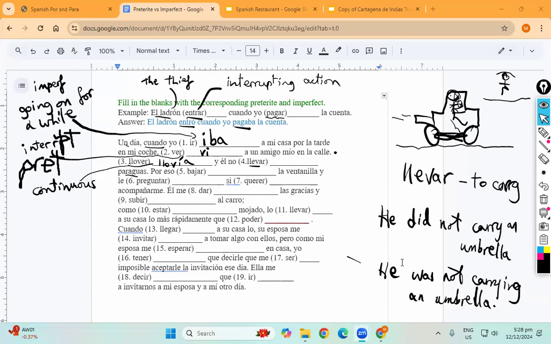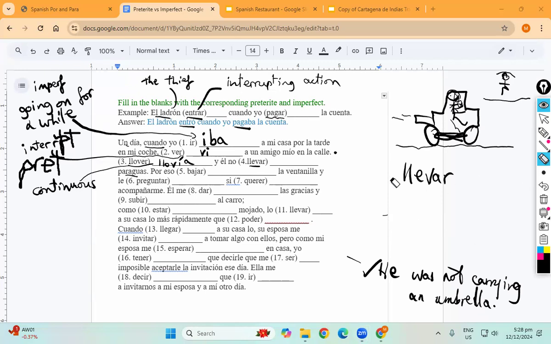So this is the one we want. We take off the AR and we add ABA, right?